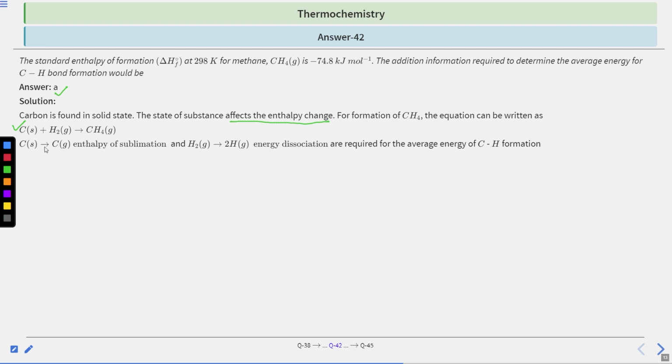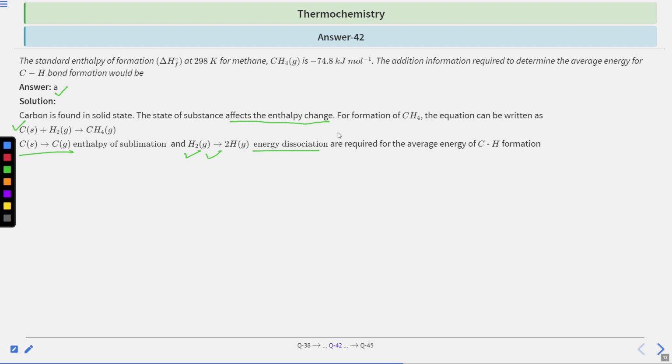Carbon, which is in the solid state, has to go to the gaseous state. So enthalpy of sublimation will be used in this conversion, and H2 in the gaseous state will go to 2 atoms of H in the gaseous state, and dissociation energy should be used in this process.